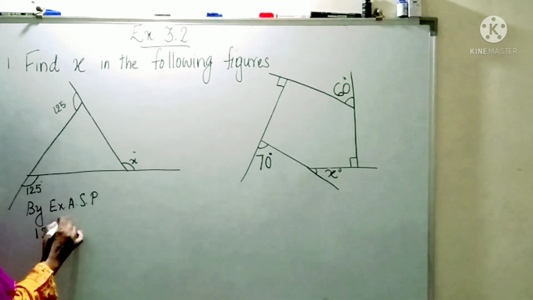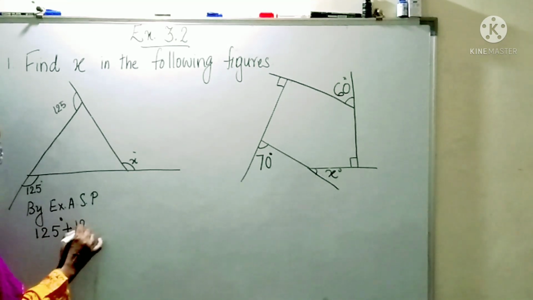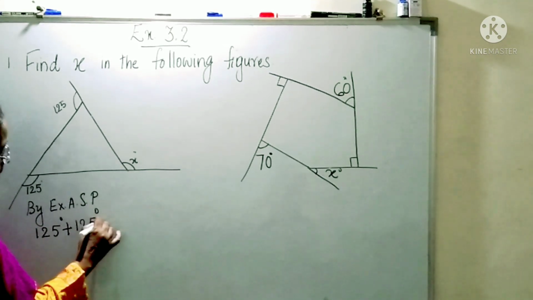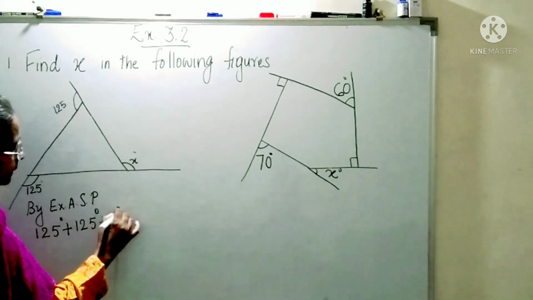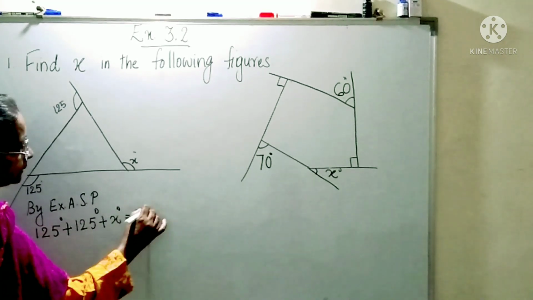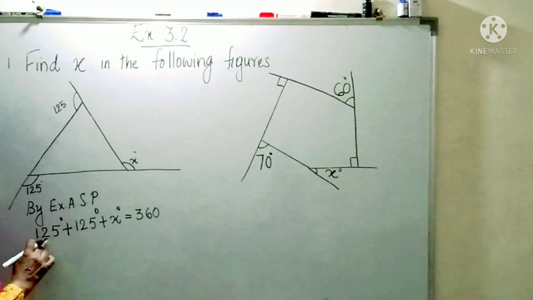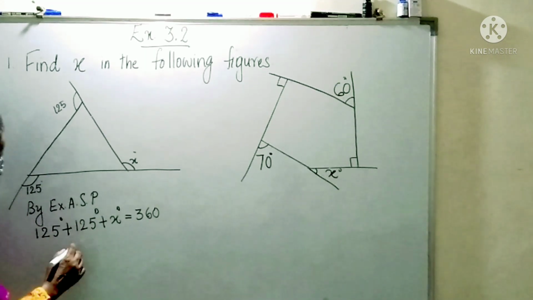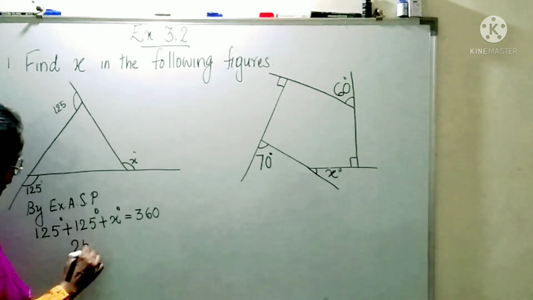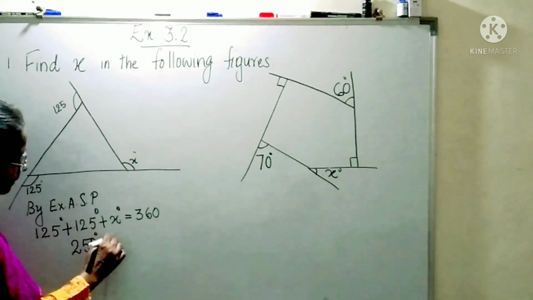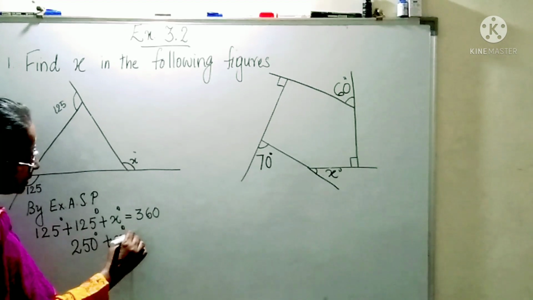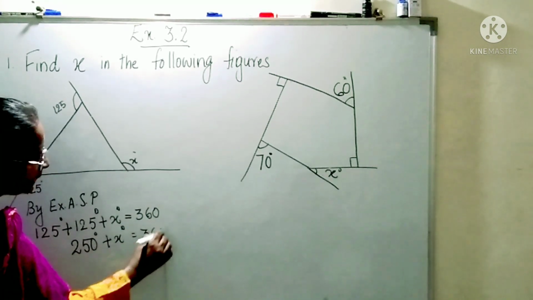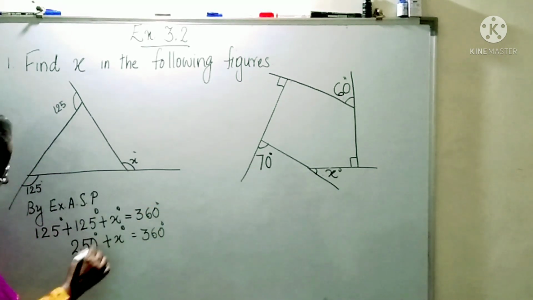125 degrees plus 125 degrees plus x degrees is equal to 360. So when you add this, 125 plus 125 is 250 degrees, plus x degrees is equal to 360 degrees.